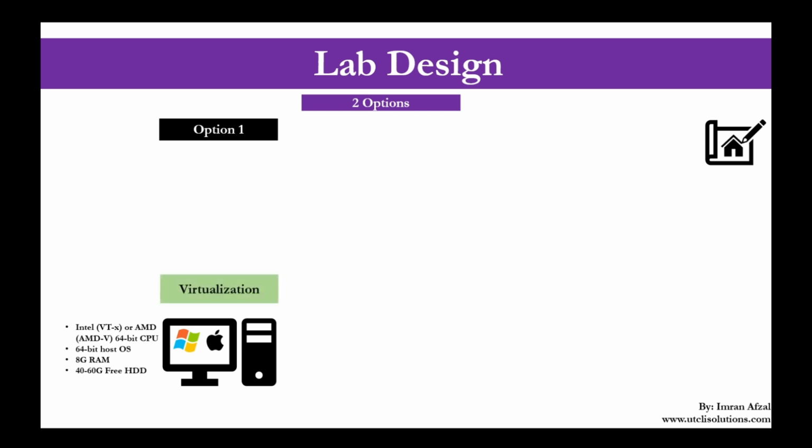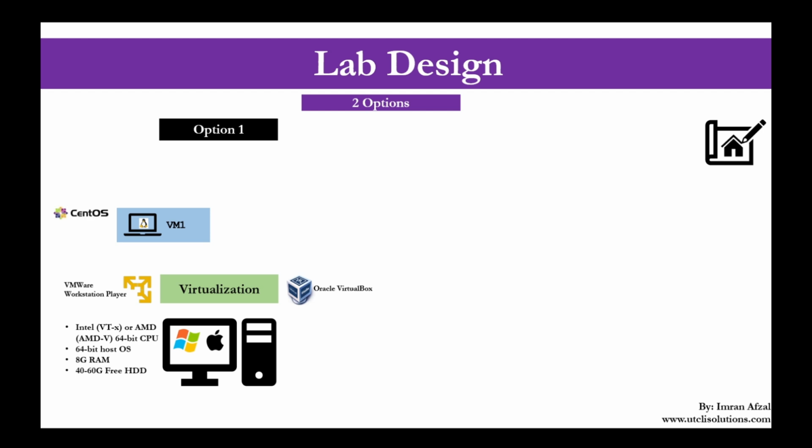Then what we will do is install a virtualization software on top of that operating system. That virtualization software could either be Oracle VirtualBox or VMware Workstation Player. Then we will create a very first virtual machine on that virtualization software, and then we will install a Linux operating system.